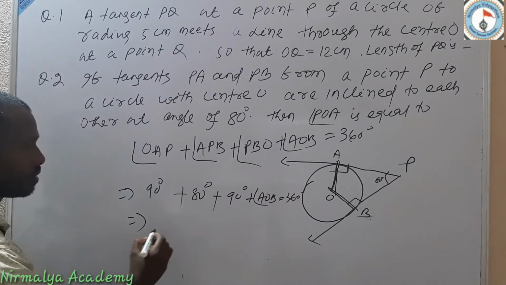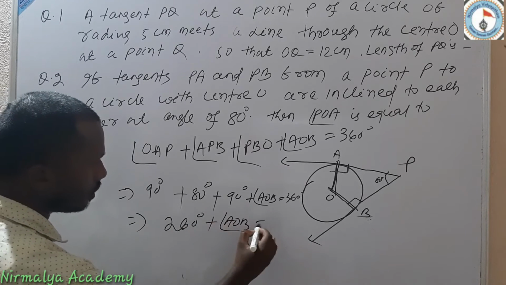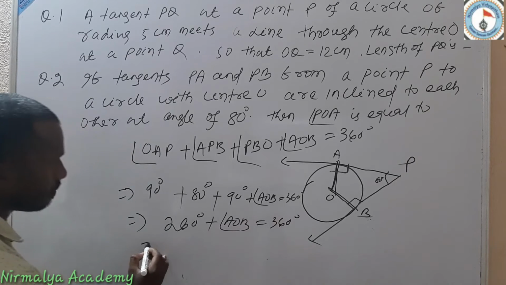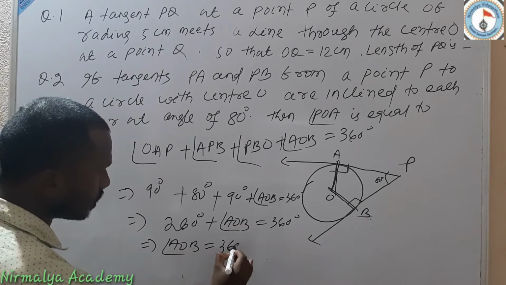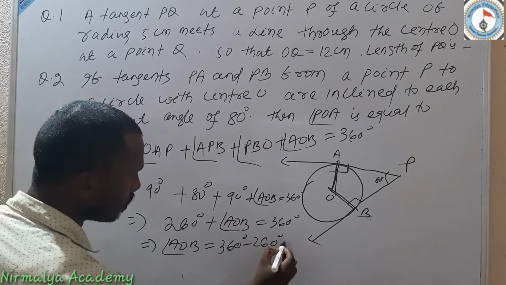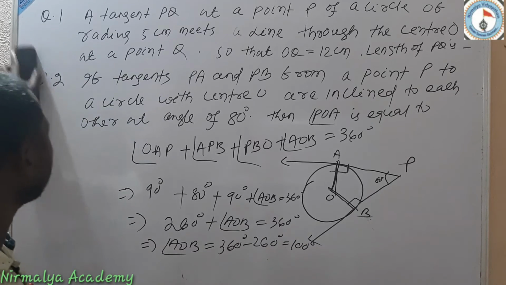That implies 260 plus AOB equal 360. That implies angle AOB equals 360 minus 260, that equals 100 degrees. So this is your answer. Next question.